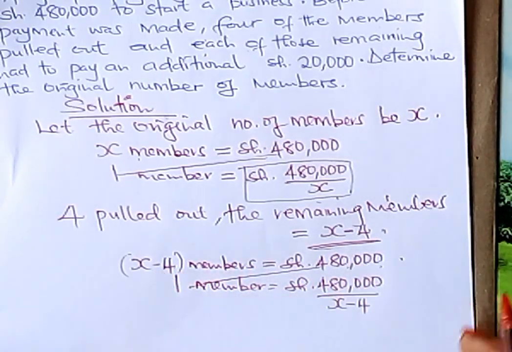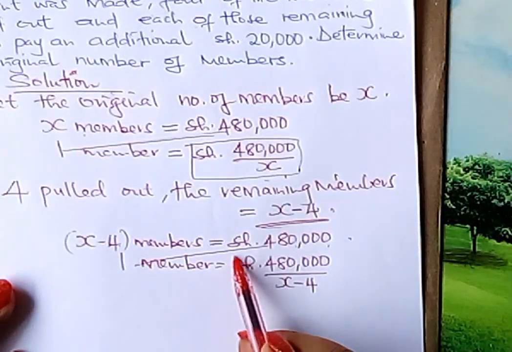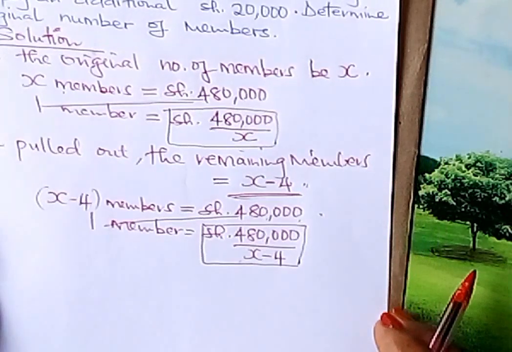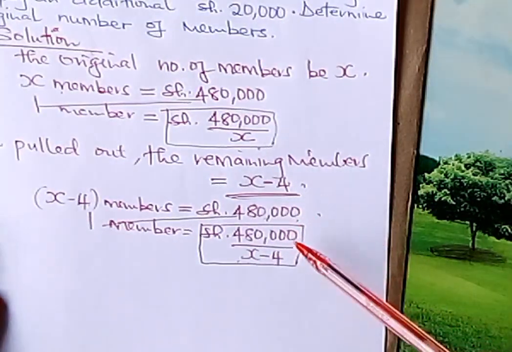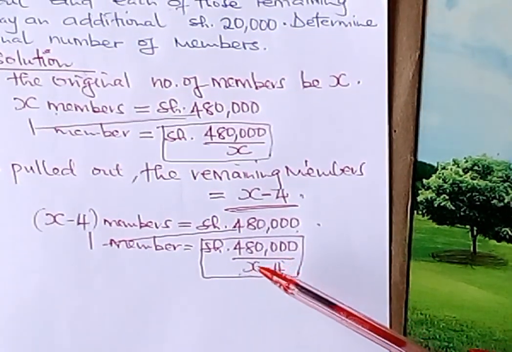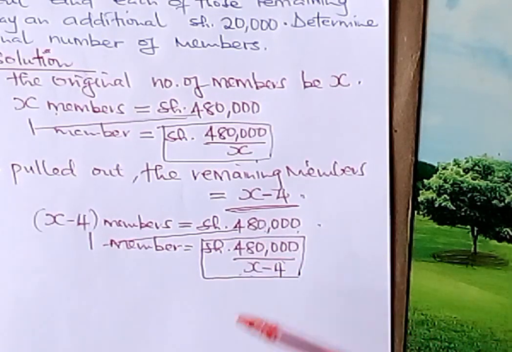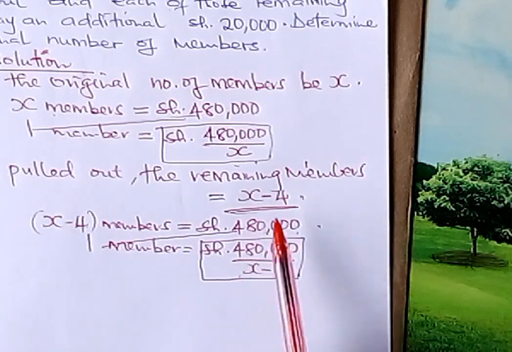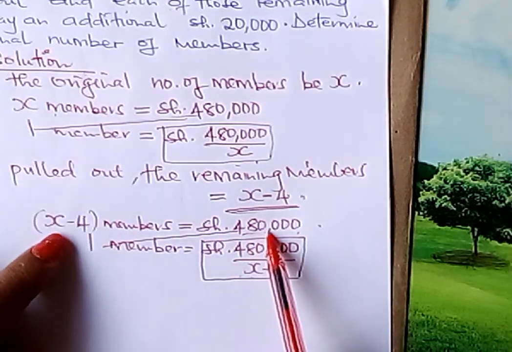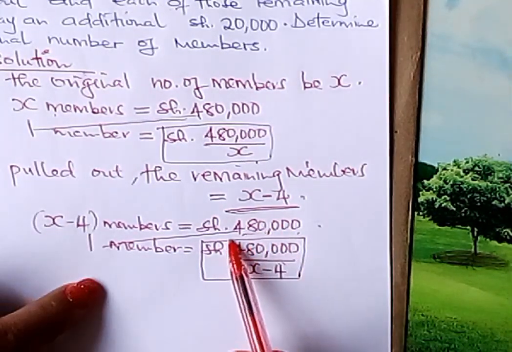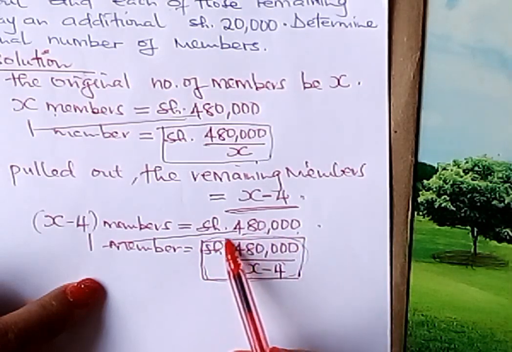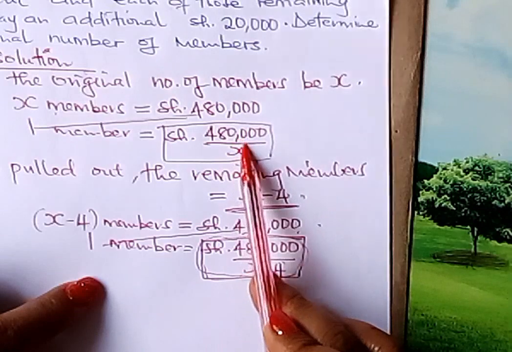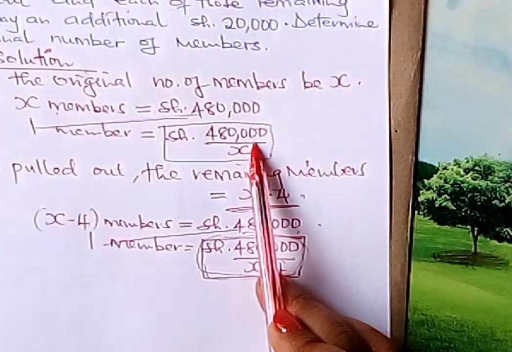It is important to understand that the amount contributed by one person now is more, because they are contributing the same amount and now they are less. So the amount contributed by one person is more than what was being contributed at the beginning.